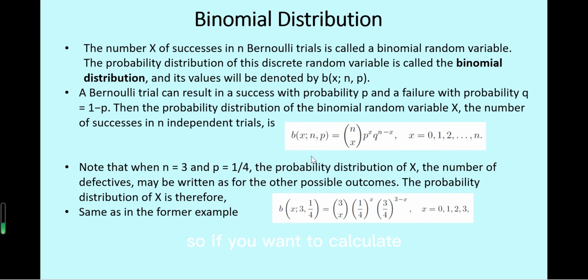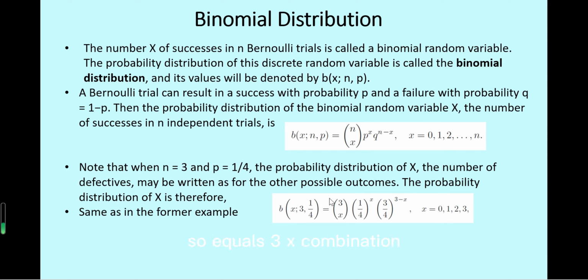So if we want to calculate the different probabilities associated with a specific random variable X during n Bernoulli trials with probability p, then we just fill in this formula. So when n equals 3 and p equals 1/4, the probability of X, the number of defectives, can be calculated as b(x; 3, 1/4), right?